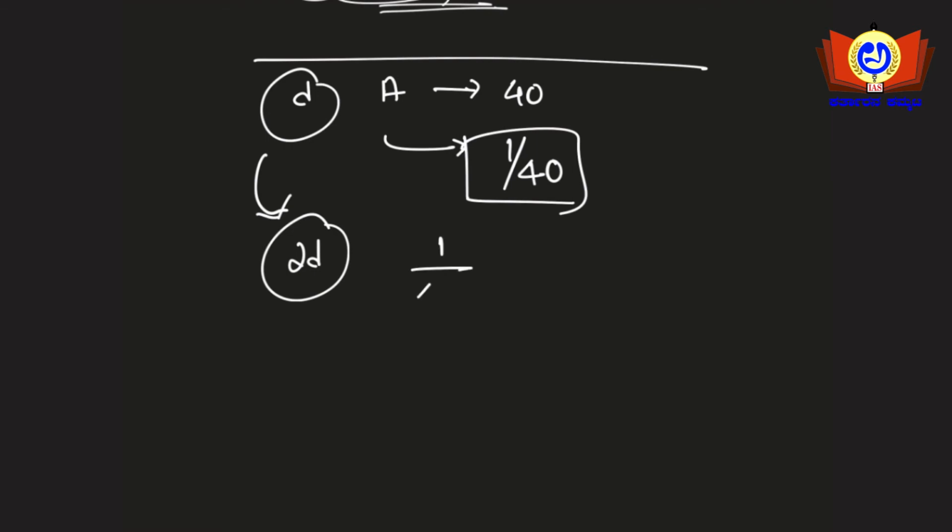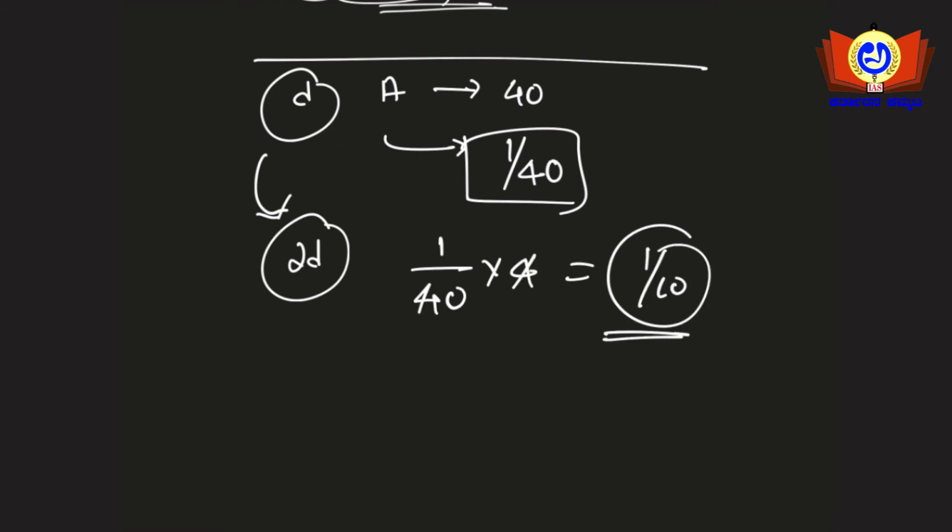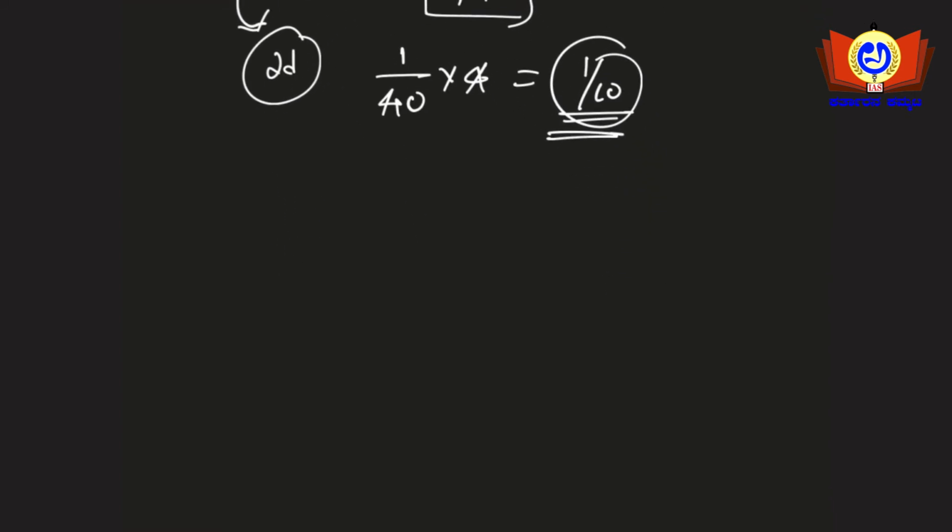So 1/40 into 4, that will be 1/10. 1/10 part of the tank will be emptied by pipe B, which has diameter 2D. So pipe B takes 10 minutes to empty the whole tank. This is a very simple problem. What you need to know is the area and diameter relationship. Then you can substitute in the question and arrive at the answer.